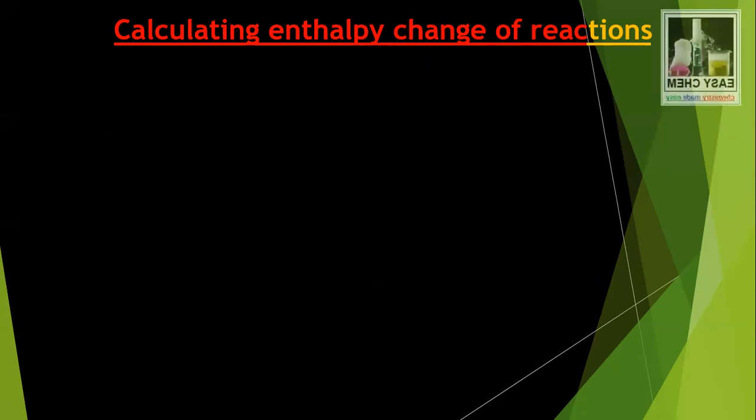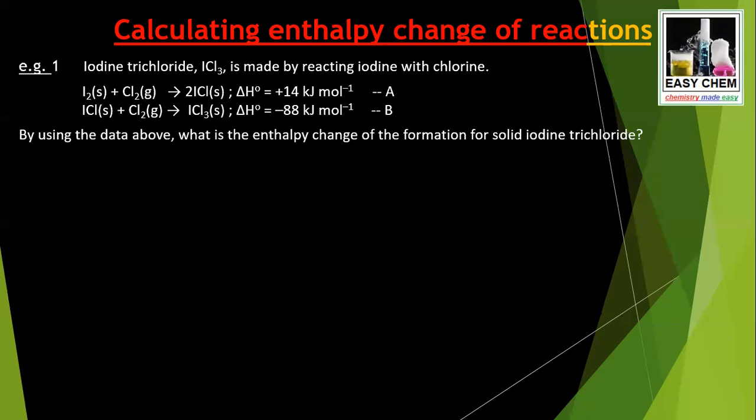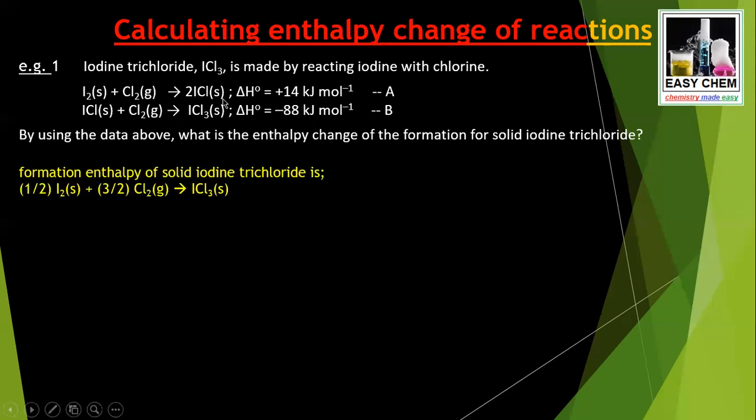Let's see how we can find out the enthalpy change for the formation of this particular compound using the equations given. Here I have taken equation A and equation B again. And we want to find out the enthalpy change for this reaction, which is given in yellow. See, I have circled iodine solid in the yellow equation.